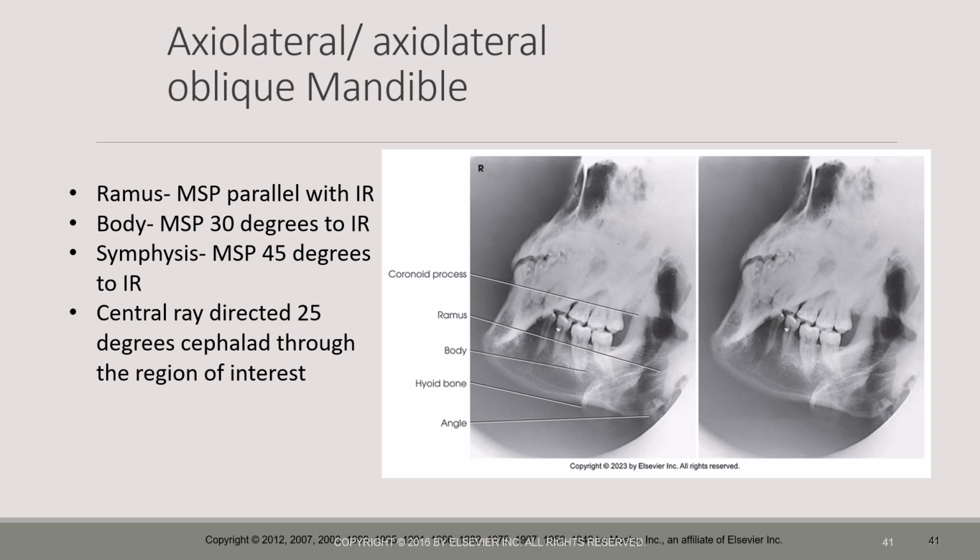Unless you specifically see a fracture at the symphysis or at the ramus, you should just routinely do the bodies, and you will do a left one and a right one because you can't see the right side body on the left axiolateral oblique, and you can't see the left side body on the right axiolateral oblique.